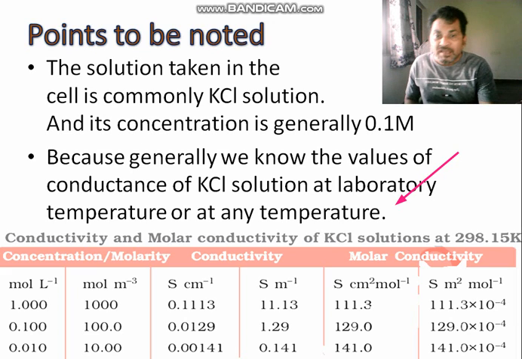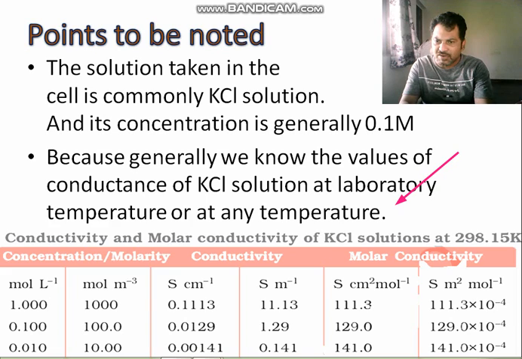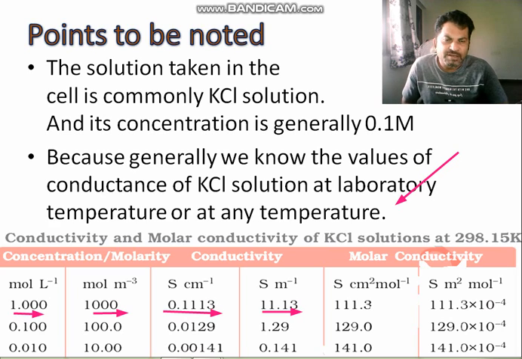Now here are some values for you. If the concentration is 1 mole per liter, then conductivity is 0.1113, and at concentration 1000, conductivity is 11. So these are the conductivity and these are the molar conductivity.